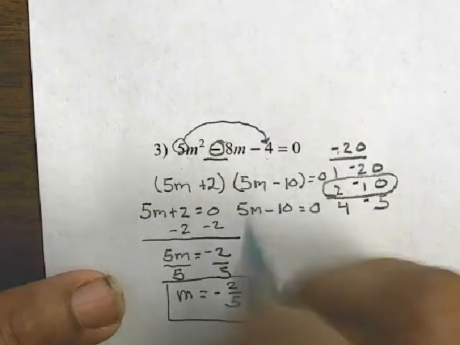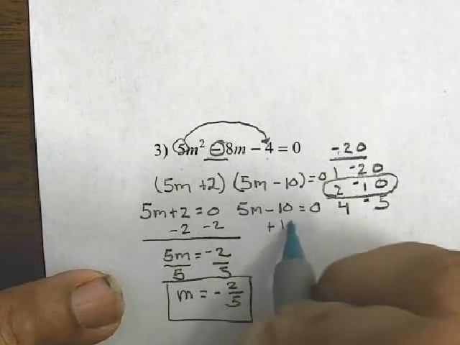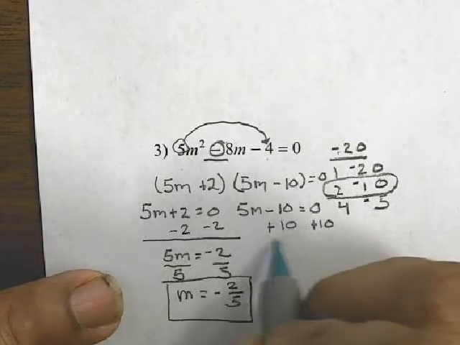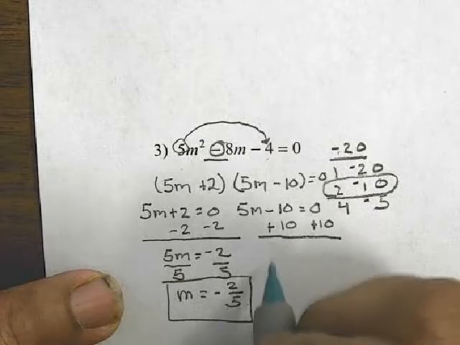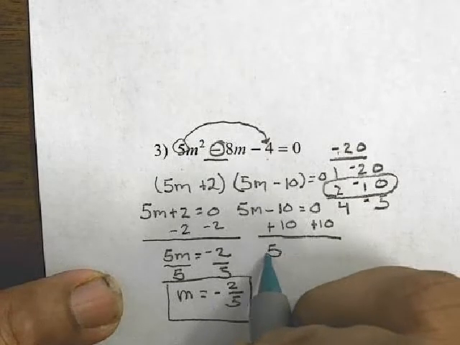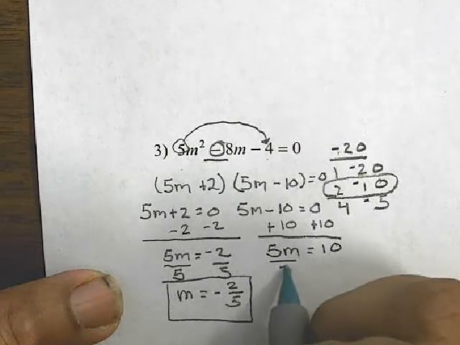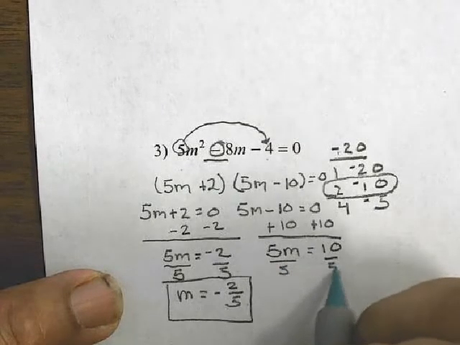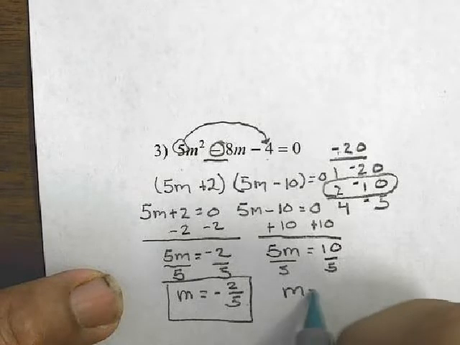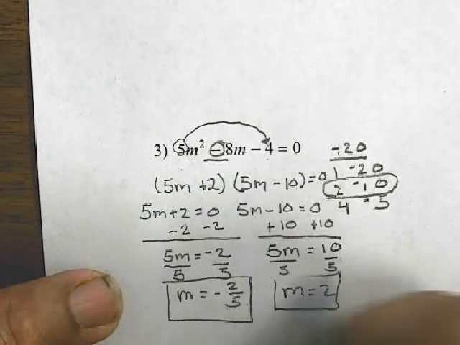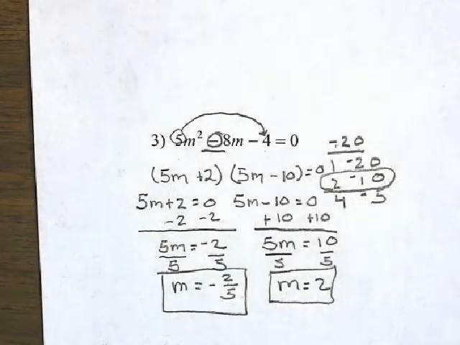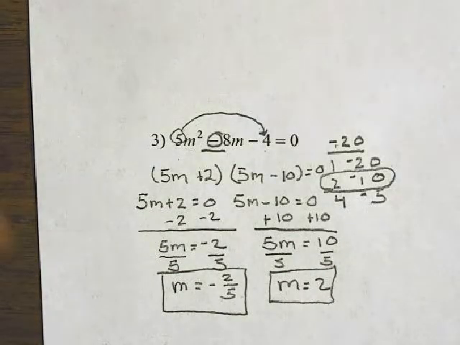Just go ahead and solve it. Add 10 to both sides. So, you get 5m is equal to 10. Divide both sides by 5, and you get m equals 2. Those are your solutions. m equals negative 2/5, m equals 2.